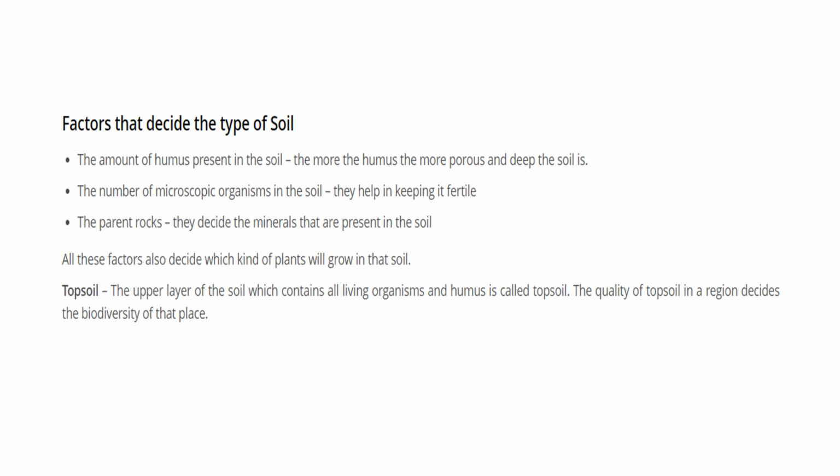And what is topsoil? Topsoil is the upper layer of the soil which contains all living organisms and humus.